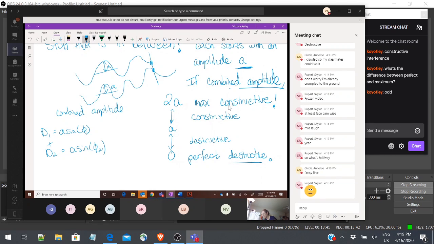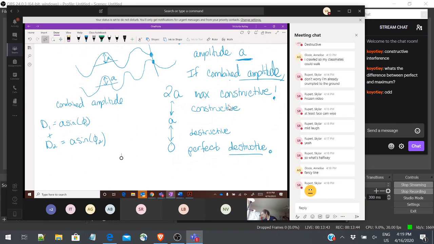If you add these two together, you end up with your new wave at that specific point is A sine phi 1 plus A sine phi 2.